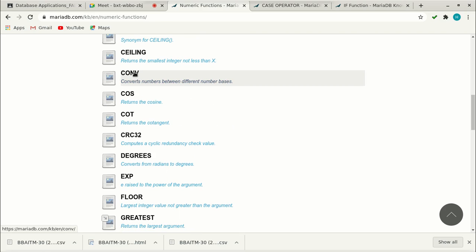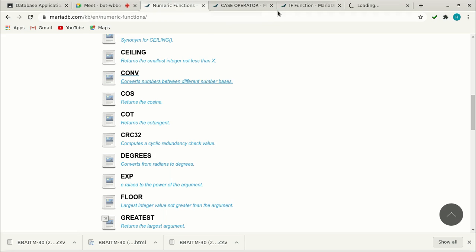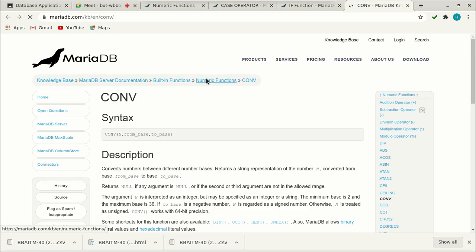The convert function is used to convert numbers between different number bases. Let's check the syntax of it: convert number from base to base.